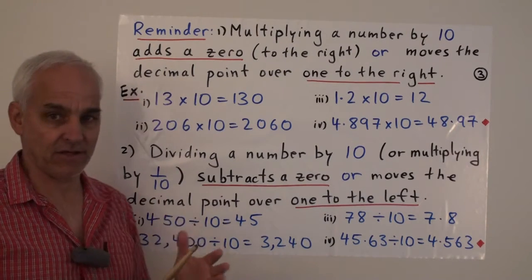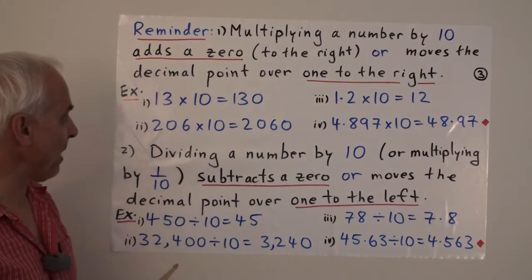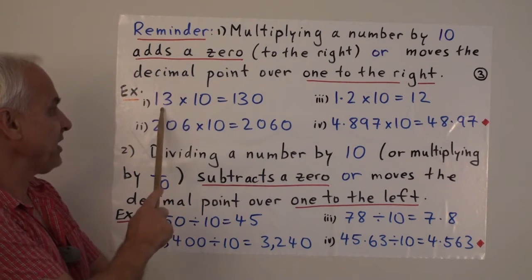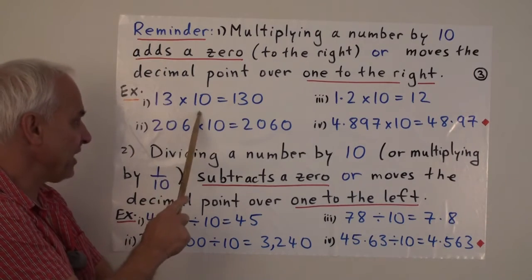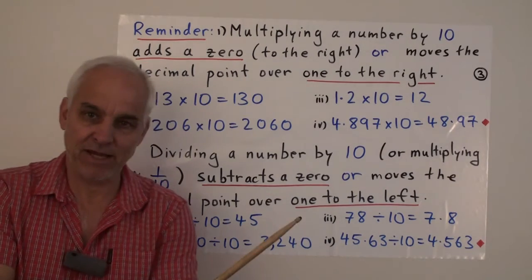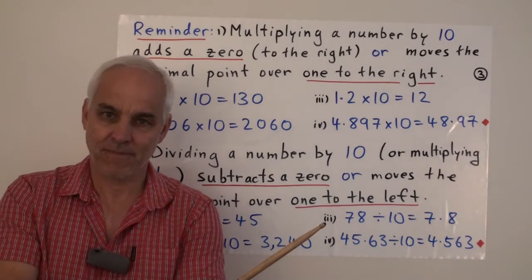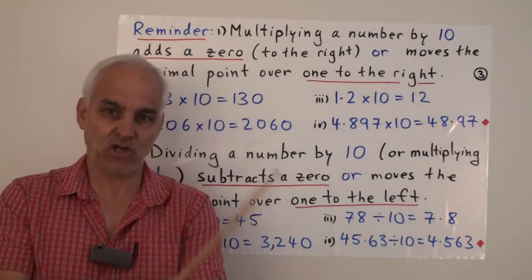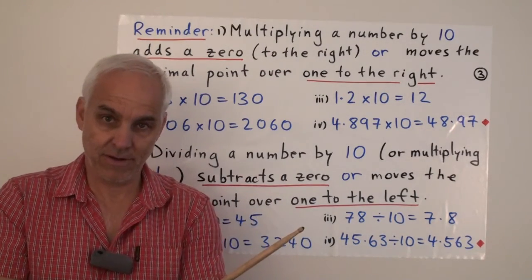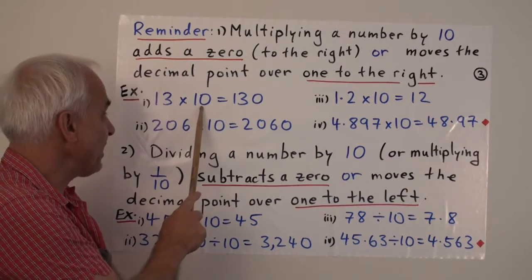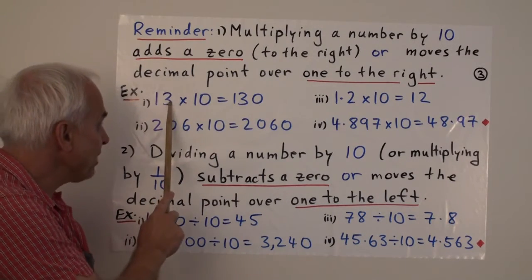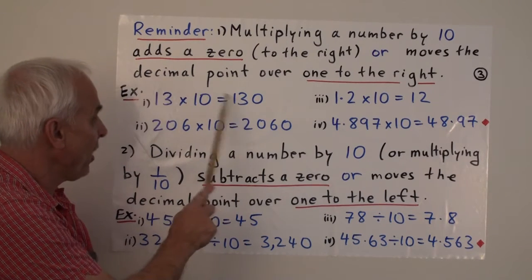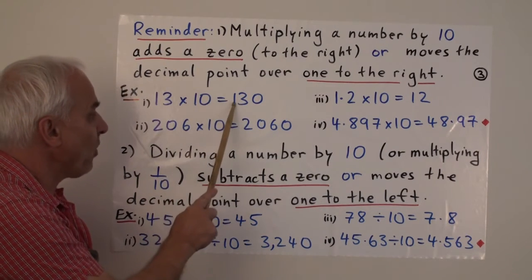Let me illustrate that, so make sure you absolutely are comfortable with this. 13 times 10. If we want to multiply 13 times 10, it is very easy. Under no circumstances should we use a calculator. To multiply 13 by 10, you just add a 0. The 3 ones become 3 tens. The 1 ten becomes 100.